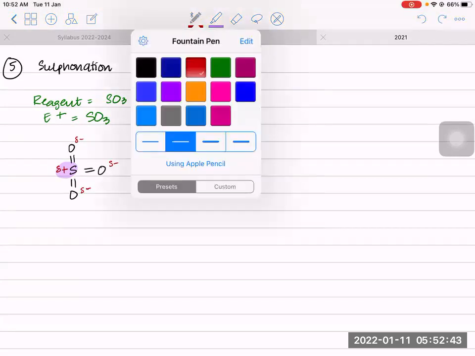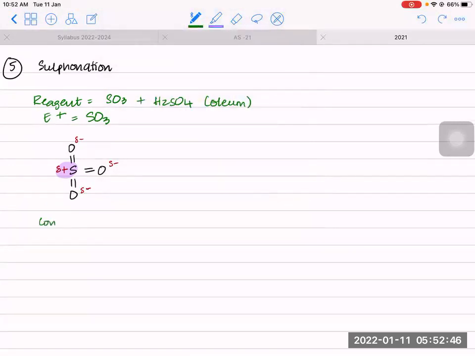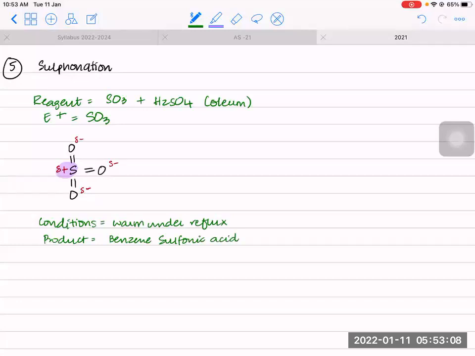All right. Let's see the conditions for the reaction. So the conditions for the reaction is that you warm under reflux. What will be your product? Your product would be benzene sulfonic acid. So that's your product.